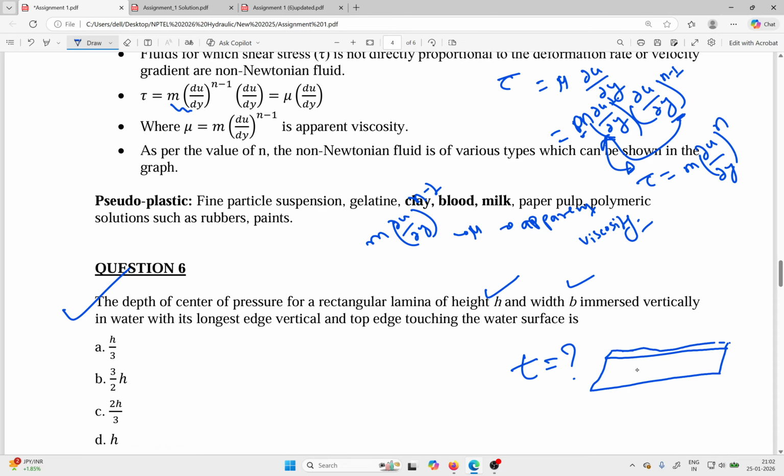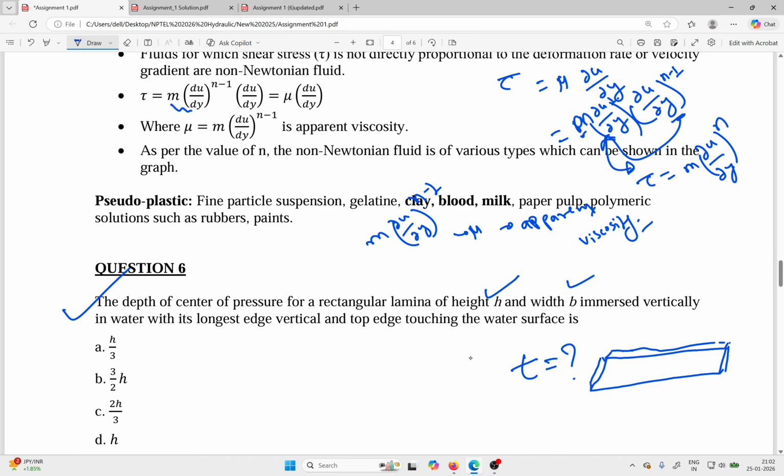This is the thickness here you can assume. Hopefully the diagram is not very clear to you, but you can understand. The thickness is very, very less. This is your width, I think. Hope you understand what I'm trying to tell you.